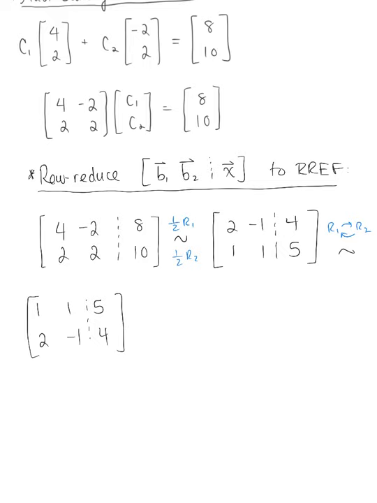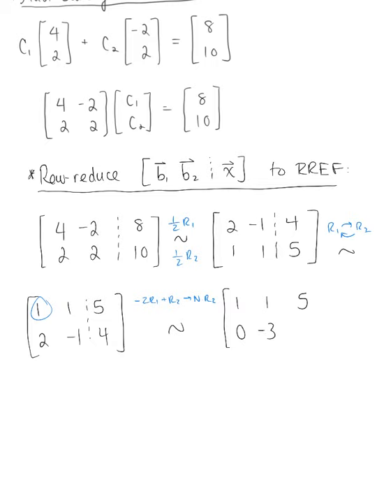And looking at our first pivot position here, we see that if we multiply the first row by negative 2 and we add it to the second row, we can produce the new second row. So this gives us the equivalent matrix 1, 1, 5. And then we have negative 2 plus 2 is 0. Negative 2 minus 1 is minus 3.